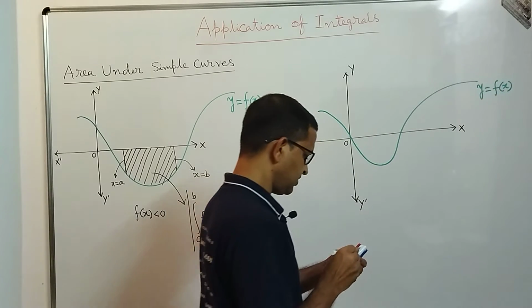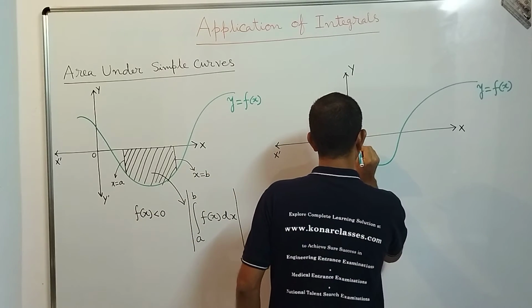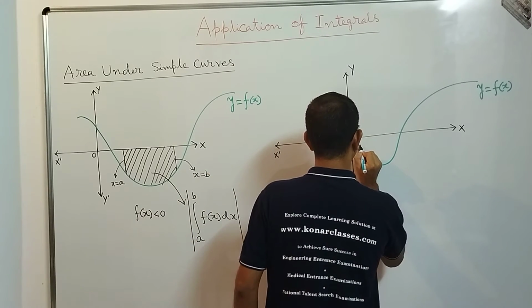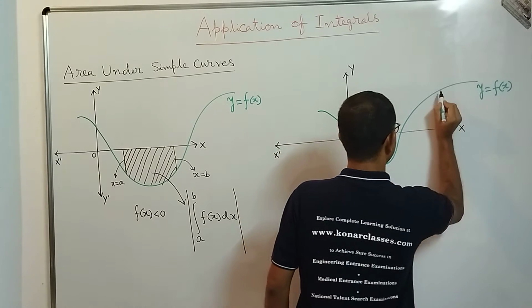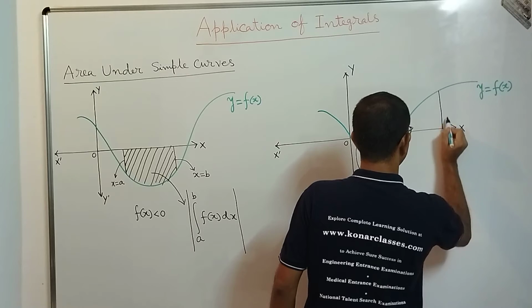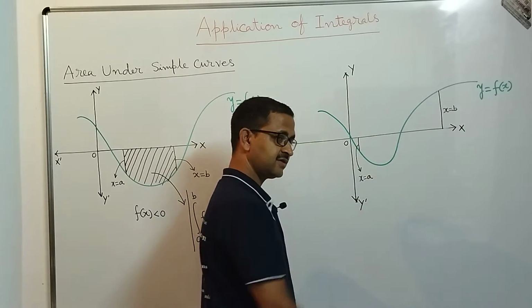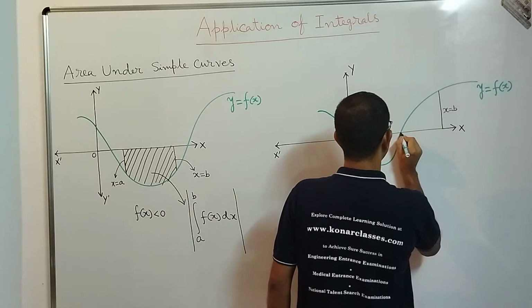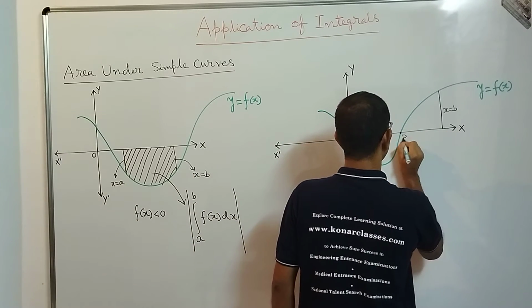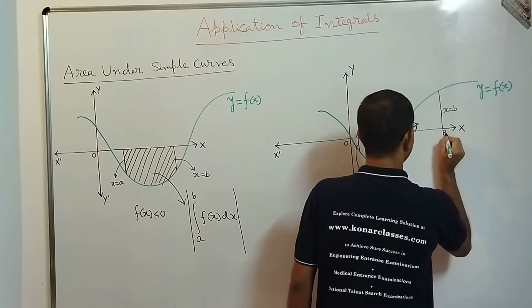Let us consider the area bounded by the curve, the line x equal to a, the line x equal to b, and the x-axis. Let us consider this point as P, this point as A, and this point as B.